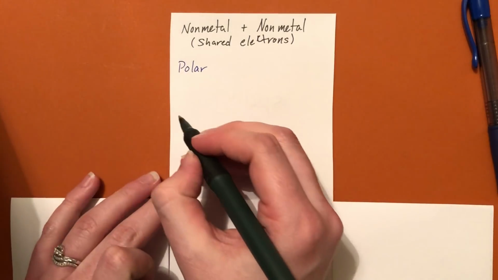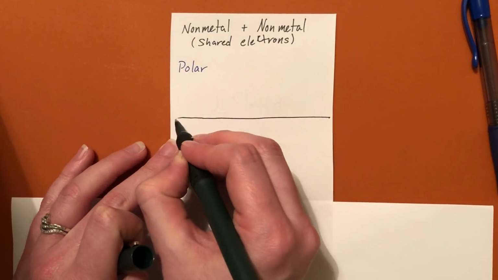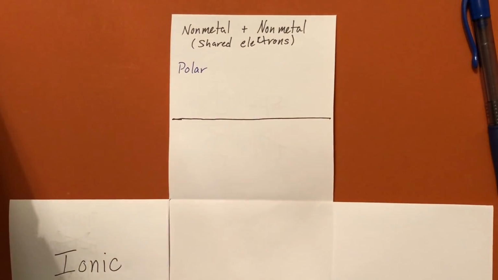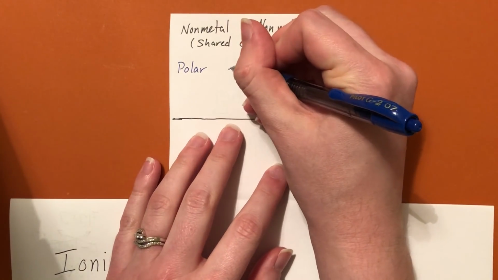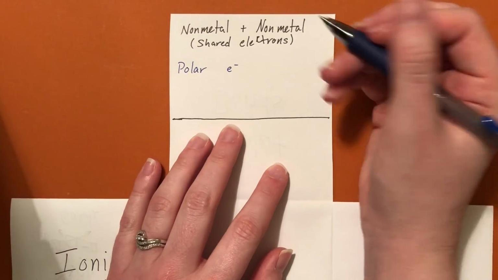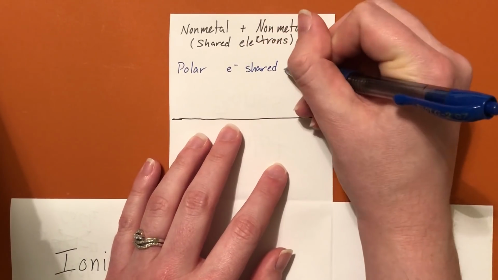If I were to divide this section in half, my first type is a polar covalent bond. This is when electrons are shared unequally.